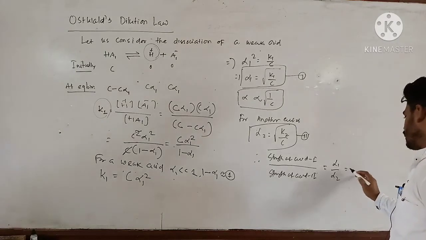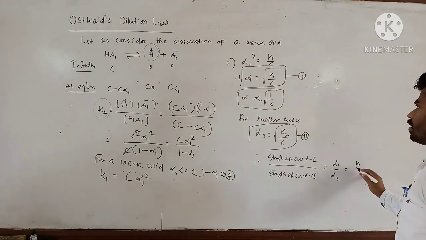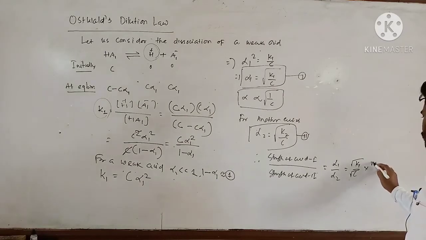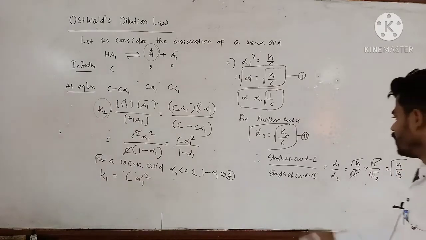Alpha 1 upon alpha 2 will be equal to root K1 by C into root C upon K2. So root C gets cancelled. That will be root over of K1 upon K2.